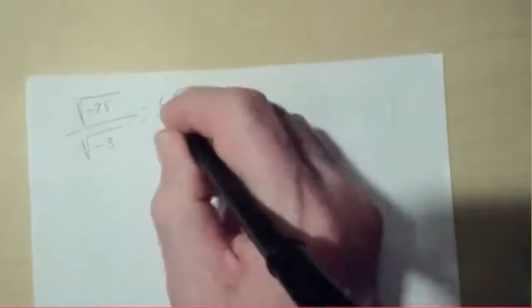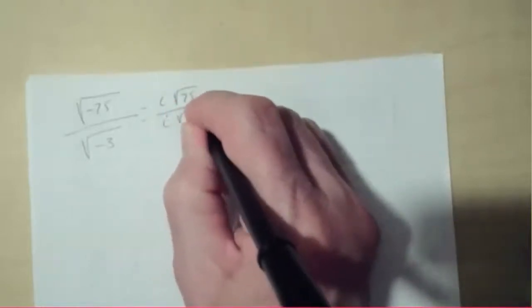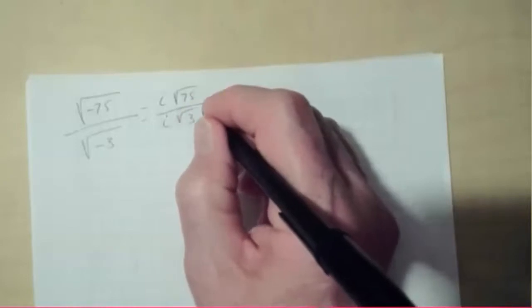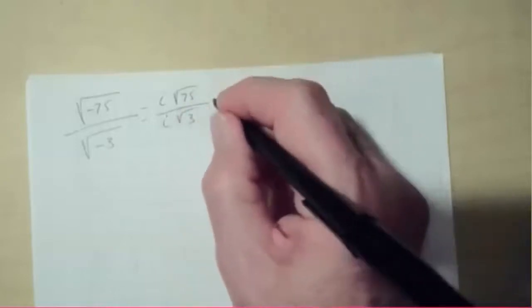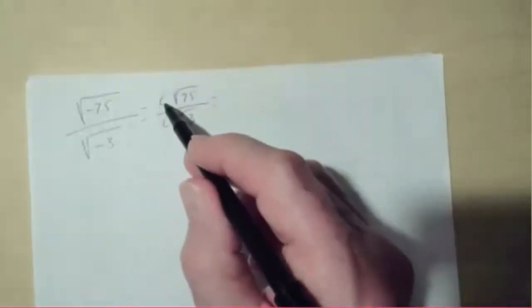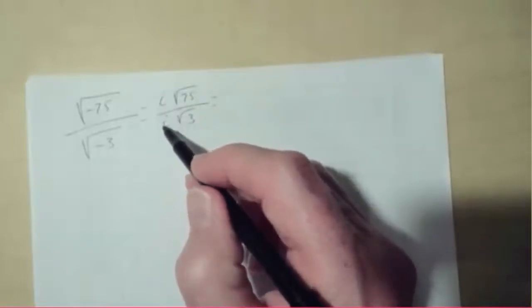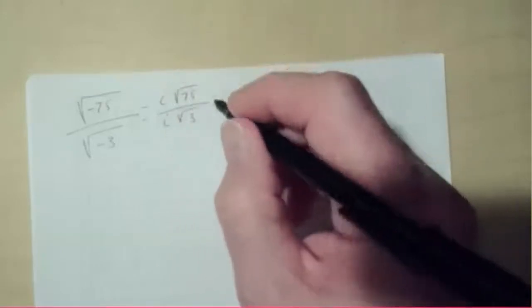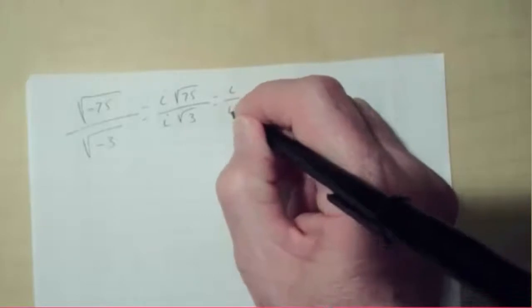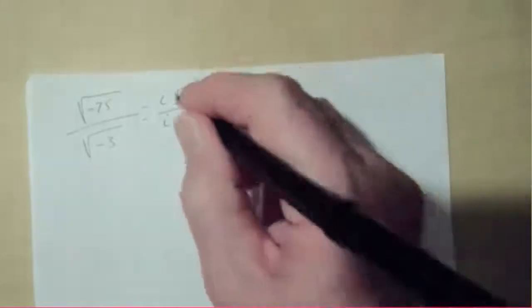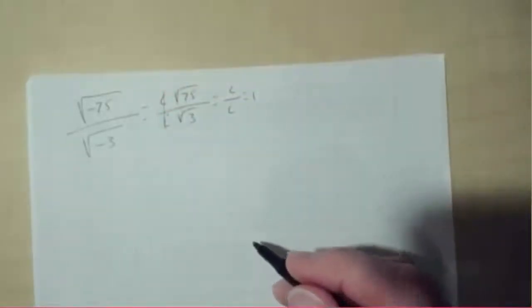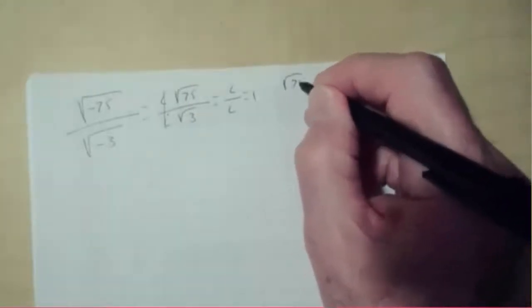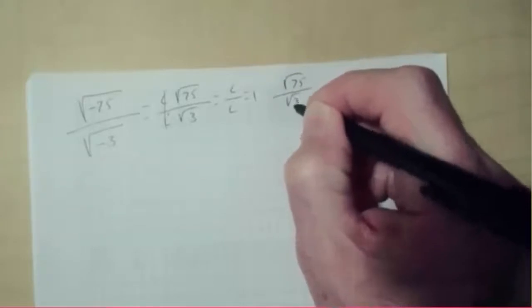Remember, the negative under the radical, we can just pull out an i: i square root 75, divided by i square root 3. And remember, any number divided by itself is 1. I divided by i is 1, so we can just eliminate that.